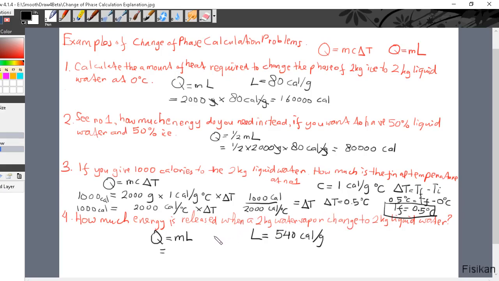We need to change it into gram so that it is consistent with the latent heat unit. 2000 gram multiplied by 540 calories per gram. Cancel this gram, and then 2 multiplied by 54 is 108. You will get 1,080,000 calories.